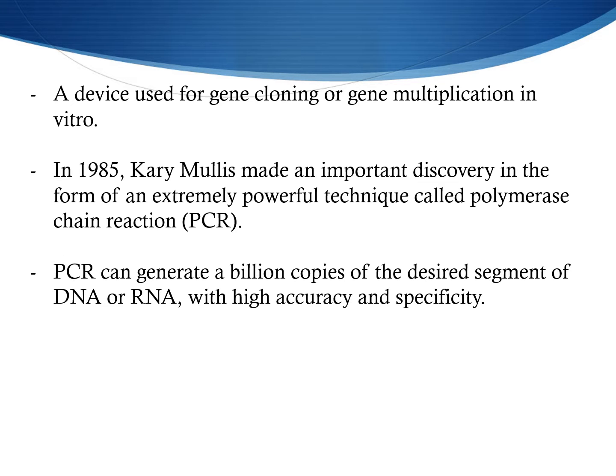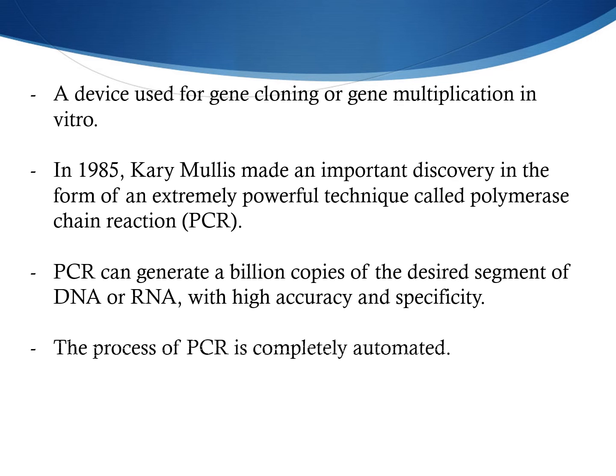PCR can generate a billion copies of the desired segment of DNA or RNA with high accuracy and specificity. So, by PCR technique, we can produce billion copies of DNA or RNA, and the technique is highly accurate and very specific.